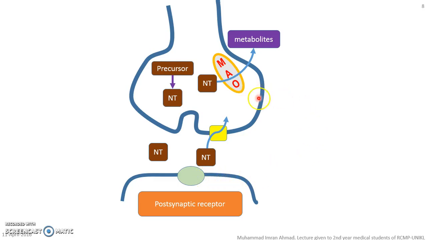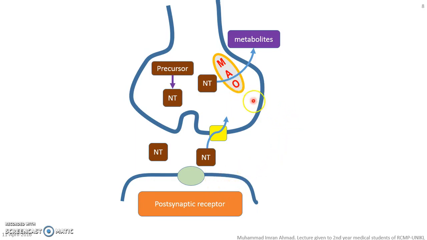Either inhibiting the monoamine oxidase enzyme so that it does not change the neurotransmitter into a metabolite, or it inhibits the reuptake of, for example, serotonin or noradrenaline back into the presynaptic region, and also we can inhibit the serotonin or noradrenaline receptor postsynaptically.